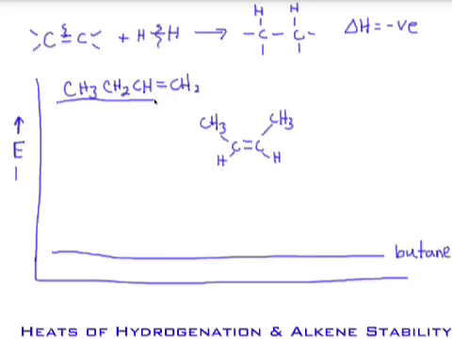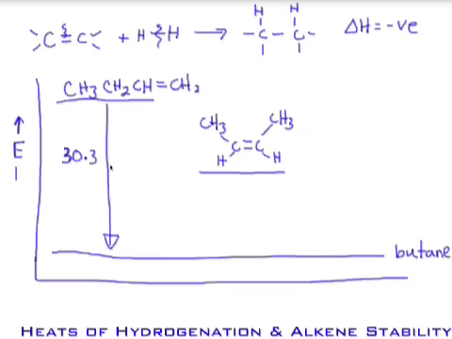Here is the energy level of 1-butene. Here's the energy level of 2-butene. When you take the alkene and you hydrogenate, you can measure how much energy is released. The delta H for taking 1-butene to butane is 30.3 kilocalories per mole. That can be measured by hydrogenation.